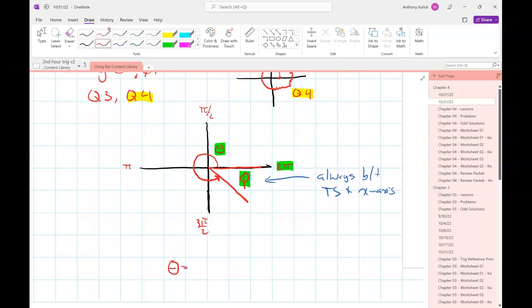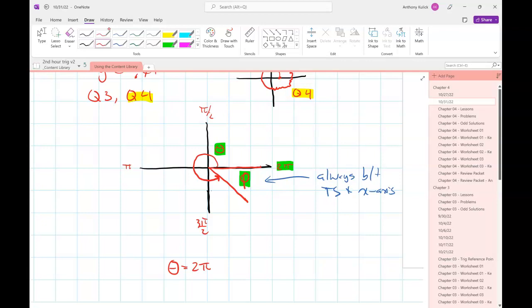Okay. So what that means is, since theta is less than 2 pi, should I be adding to 2 pi or subtracting from 2 pi? Theta is smaller than 2 pi. So should I be adding to 2 pi to find theta or subtracting from it? Subtracting.